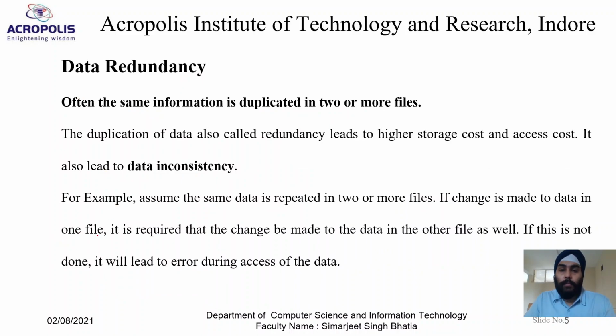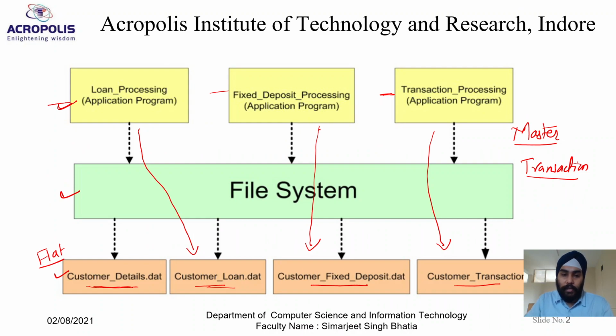Second problem, a most important one, is the data redundancy problem. Often the same information is duplicated in two or more files. Going back to this diagram, the customer details file will contain customer name, account number, address, contact number and Aadhaar number. Similarly, the customer loan file will contain customer name, contact number, address, email ID and Aadhaar details.